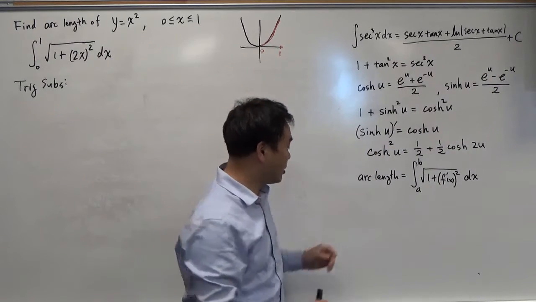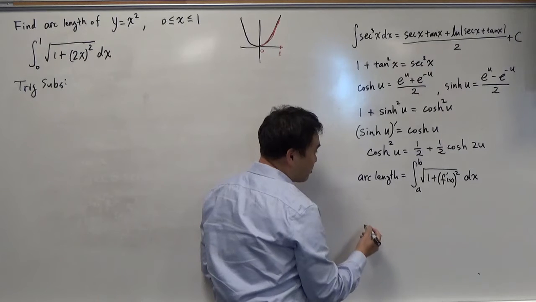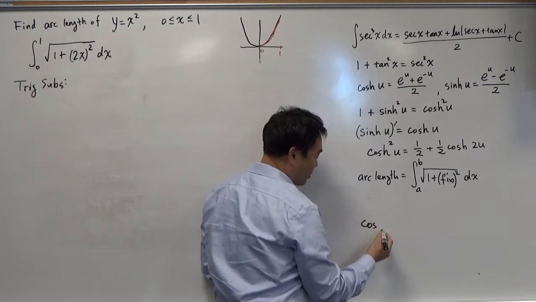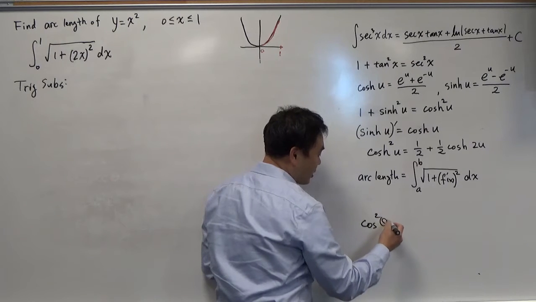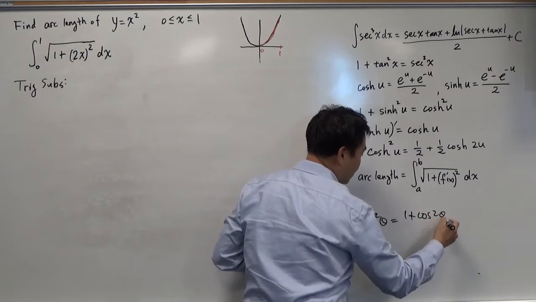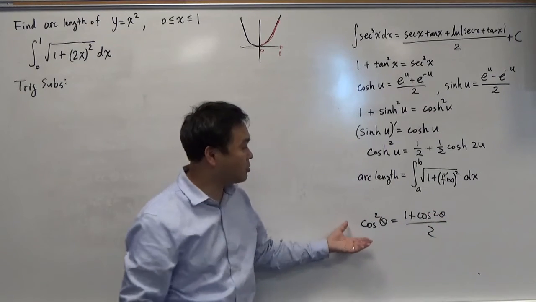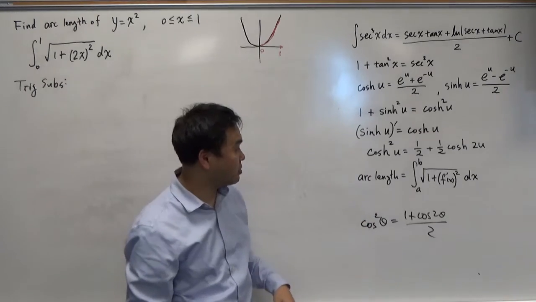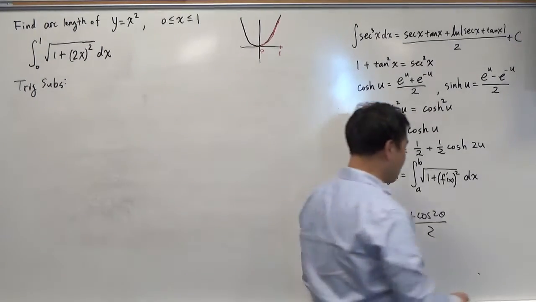And also, there's a half angle formula: cosine squared of theta is equal to 1 plus cosine 2 theta over 2. There's this trig identity, and you have a corresponding one for cosine hyperbolic here as well. So these are the things that we will be using.